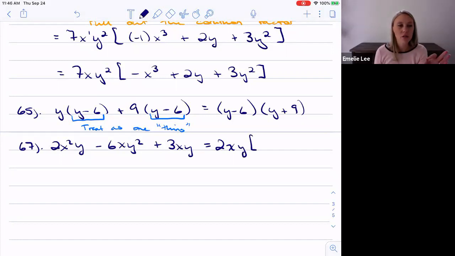So now I've got 2xy getting pulled out from each of these terms. From 2x squared y, what's missing is I'd have to multiply that by x in order to get back to 2x squared y. To get back to negative 6xy squared, I would have to multiply by negative 3y.